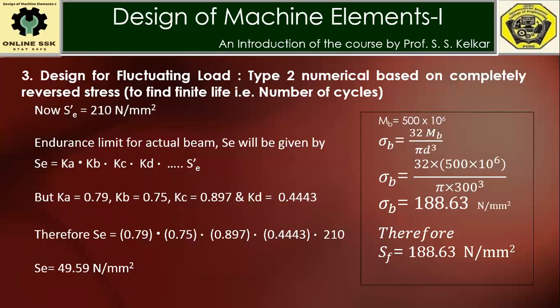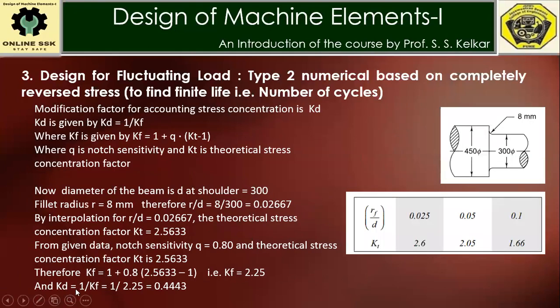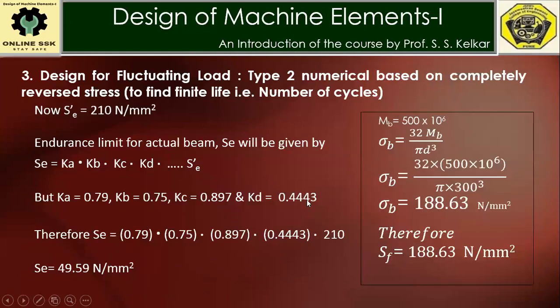Now here I have enlisted the known terms. Se dash, sorry, it is the endurance limit for shaft material. In this case it is 210 Newton per millimeter square. Then surface finish factor Ka 0.79, size factor Kb 0.75, reliability factor Kc 0.897 and Kd, right now calculated, 0.4443.